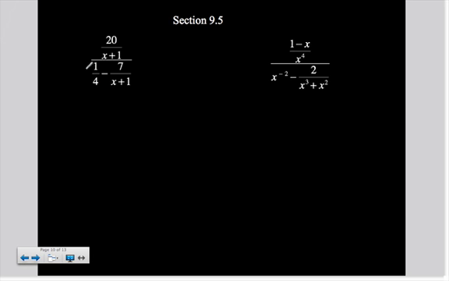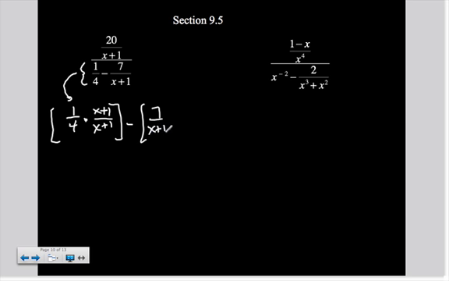So first, I'm going to simplify this denominator. And I'm going to do that by creating common denominators. My common denominator is going to be 4 times x plus 1. That's really easy. So I'm going to have 1/4 times x plus 1 over x plus 1 minus 7 over x plus 1 times 4 over 4.